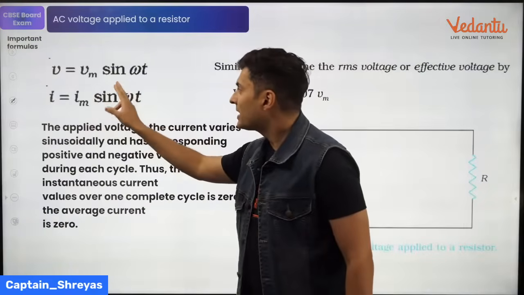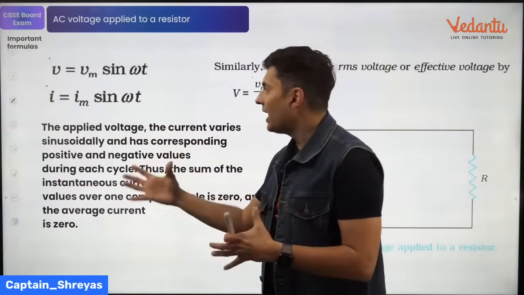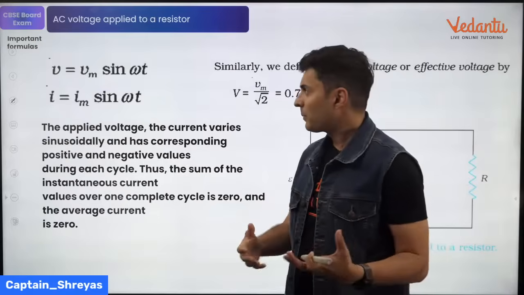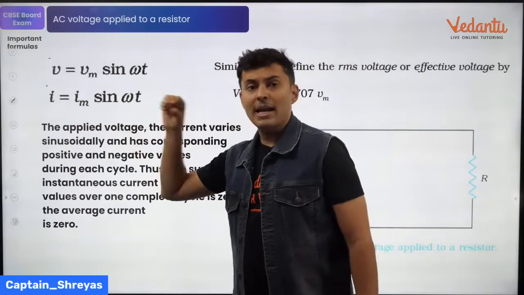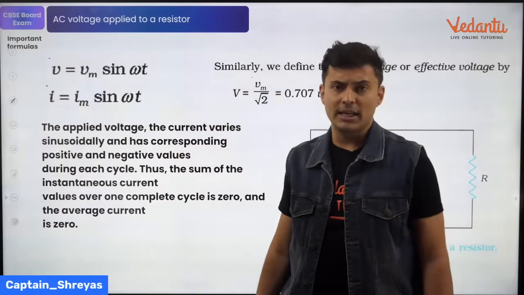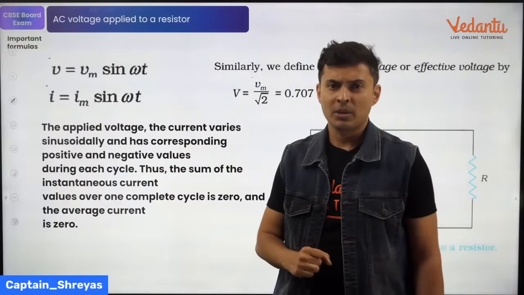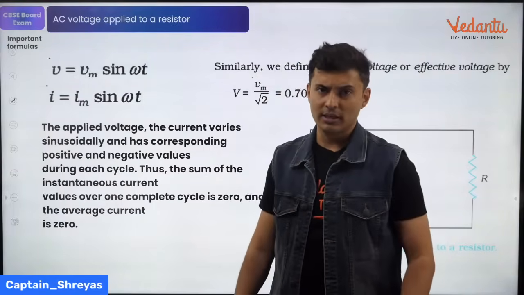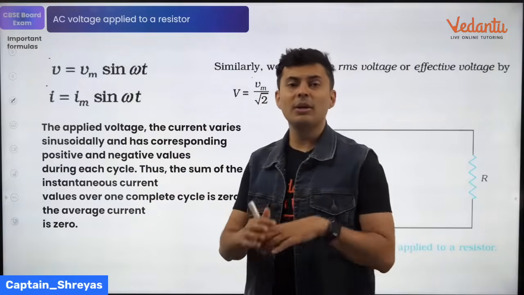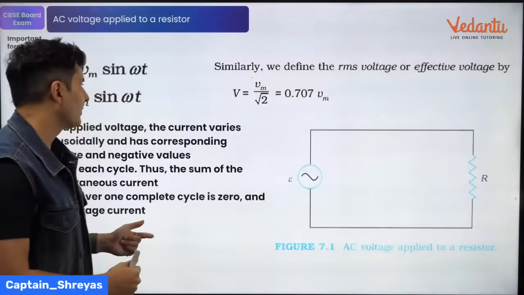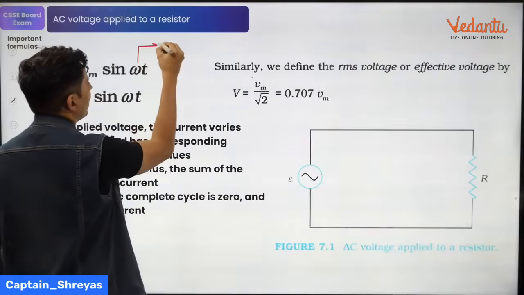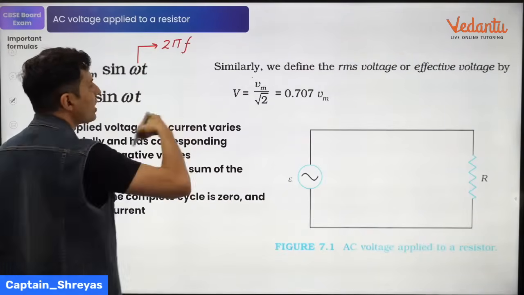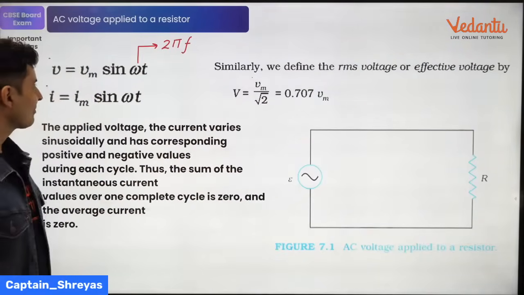So Vm sine omega t will be the voltage, and Im sine omega t will be the current. Vm and Im are the maximum voltage and current, also called the amplitude of the voltage or current. Omega is the angular frequency. In fact, I can write omega as 2 pi times the frequency of the AC voltage.